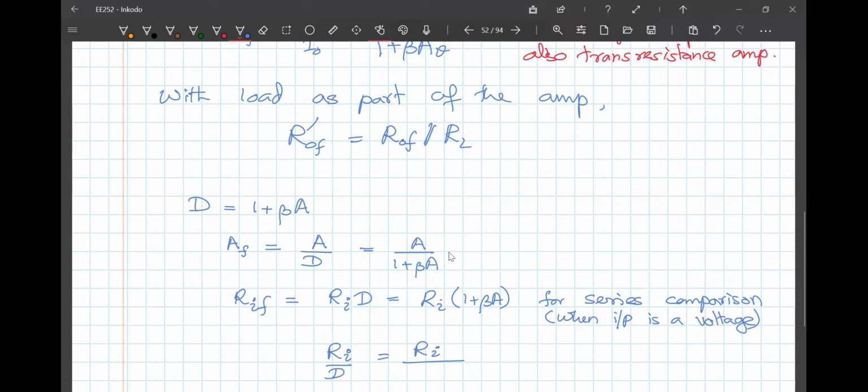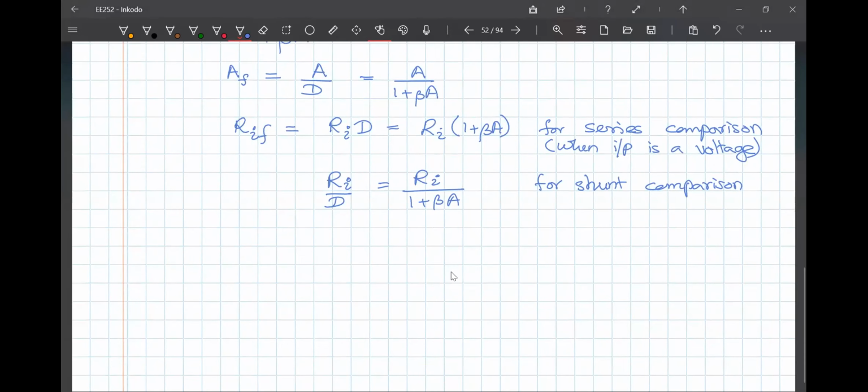For shunt comparison it will be equal to Ri divided by D, which is equal to Ri without feedback divided by 1 plus beta A. When do we do shunt comparison? We subtract a current if the input is a current, obviously.